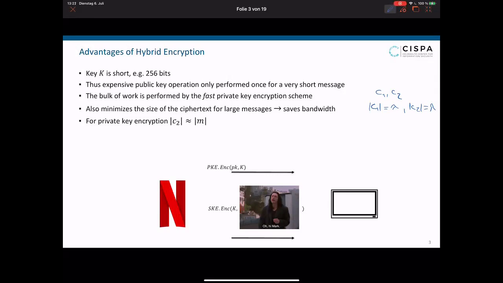So Netflix first sends you the ciphertext header, which encrypts under your public key a symmetric key K, and then it streams to you the actual movie encrypted under this private key K. For that, it uses a mode of operation that's streaming compatible.